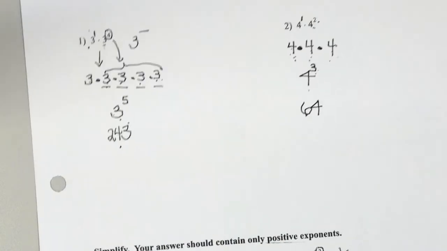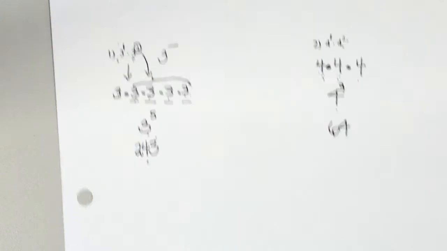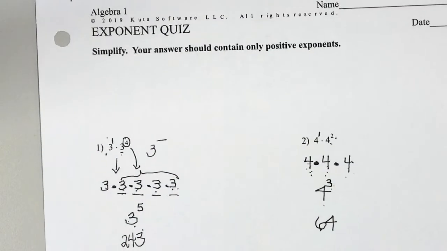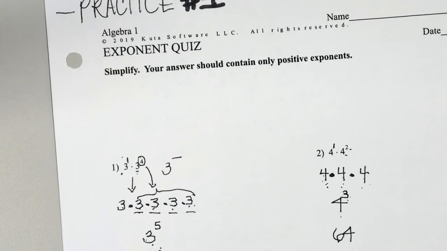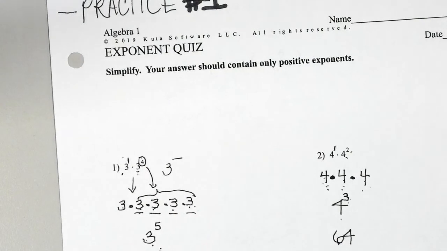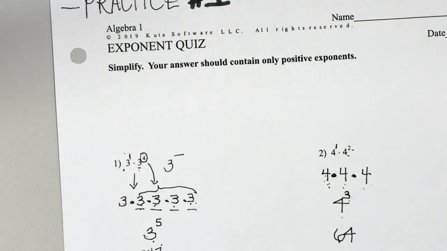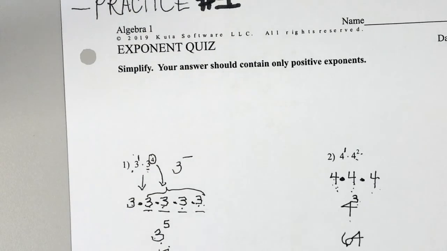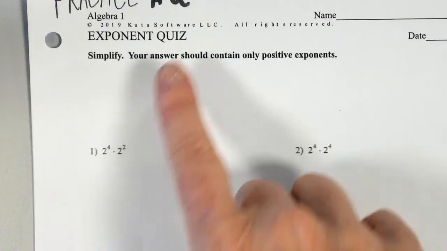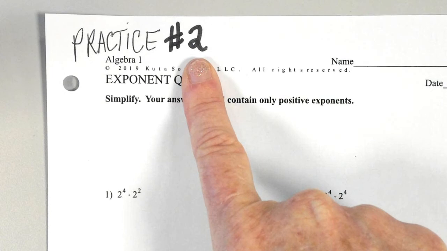Yesterday we worked on this together in class, and then students, after we did this, took the quiz. If you are somebody that feels totally confident that you can go from here to take the quiz, perfect. Then what I need you to do is come and see me, and you need to take the quiz. If you are somebody that would like a little bit more practice, I actually have a practice number 2.